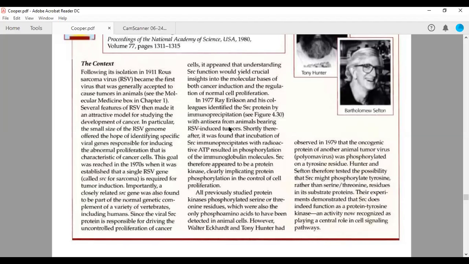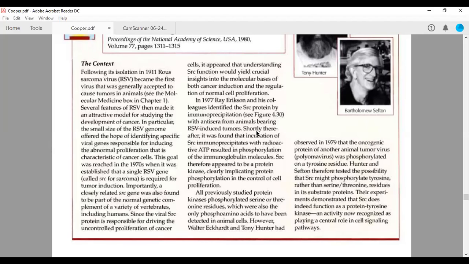Those animals infected with the virus have tumors, and from those tumor cells we can obtain antibodies that bind to this SRC protein, so that it can be isolated.